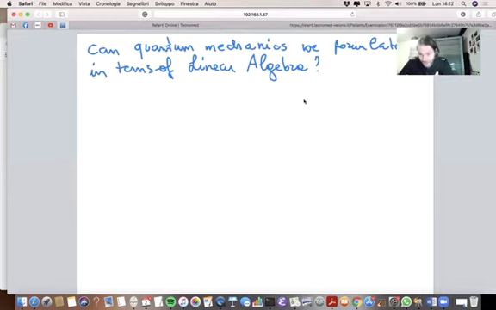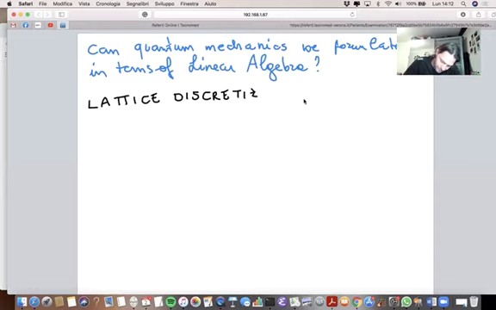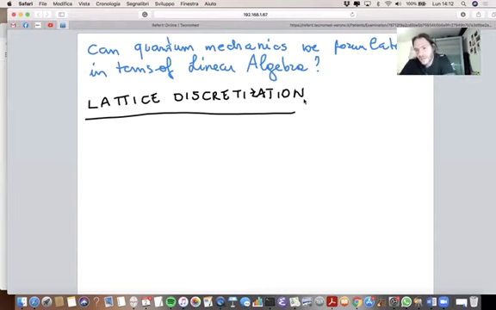And in order to make steps in that direction, I'll introduce something that is called lattice discretization. Okay, what is lattice discretization?